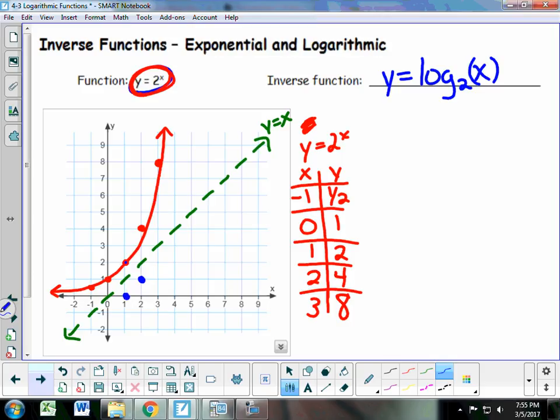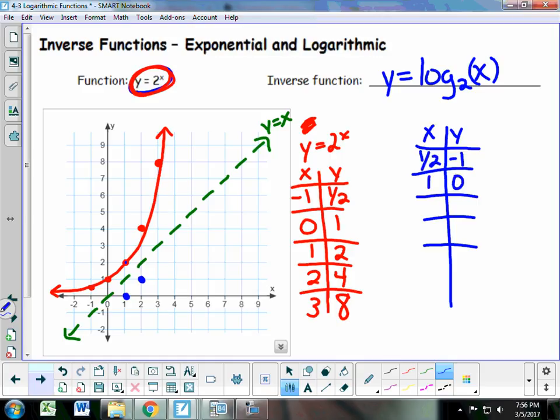Otherwise, we can make a table for the logarithm. And we're going to basically focus on the exponential table that we just made, and we're just going to flip-flop the x's and y's. So this becomes 1/2, -1. 1, 0; 2, 1; 4, 2; and 8, 3.